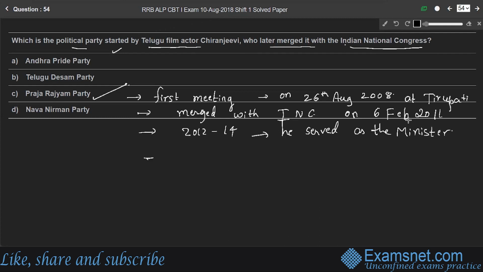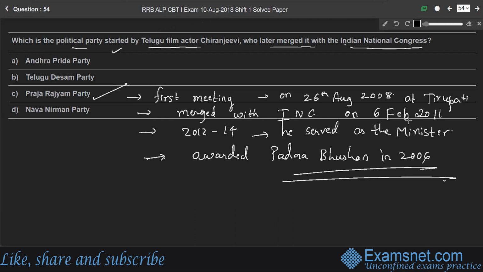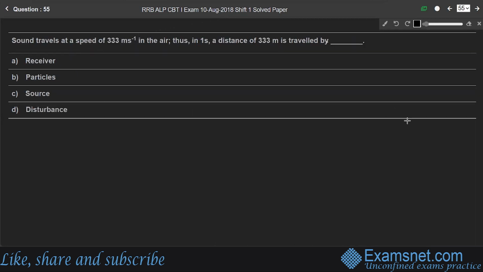Also, Chiranjeevi was awarded the Padma Bhushan by the Government of India in 2006, right? So for the given question, Praja Rajyam Party is the right answer.